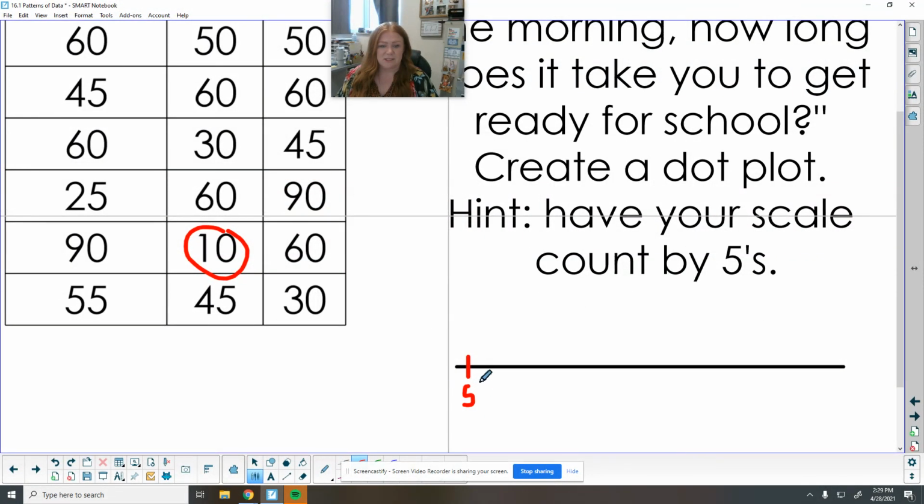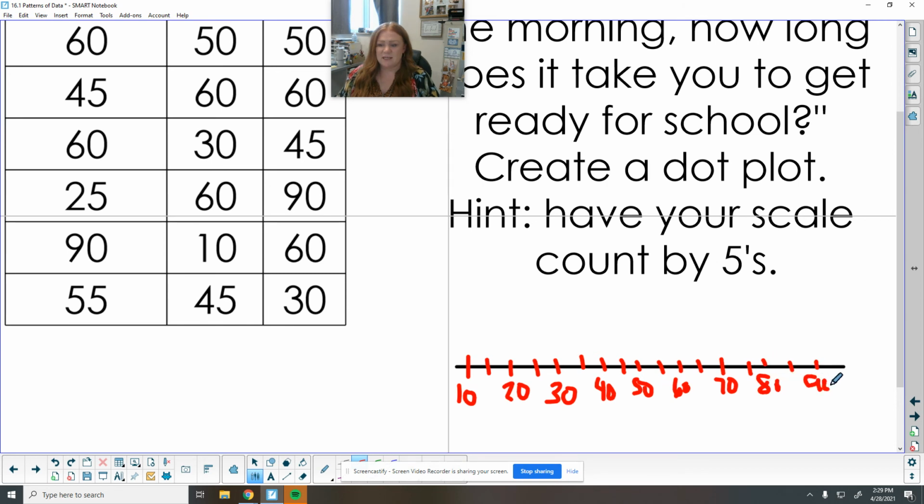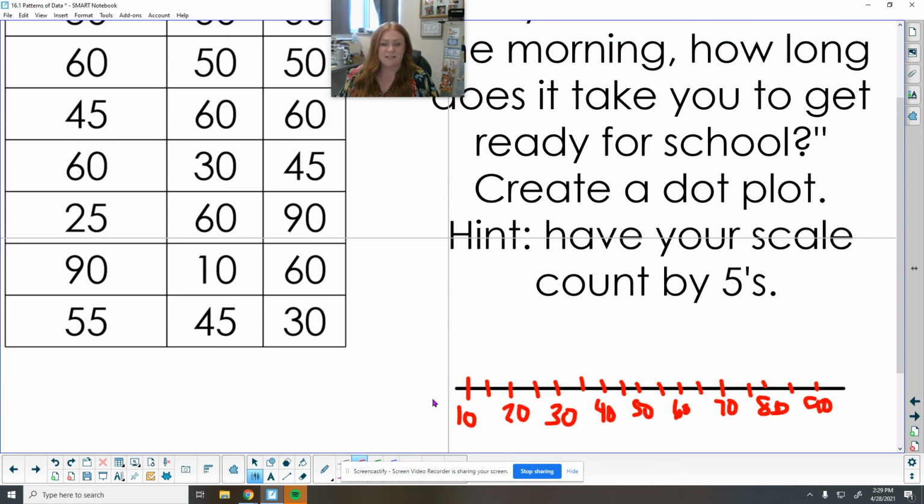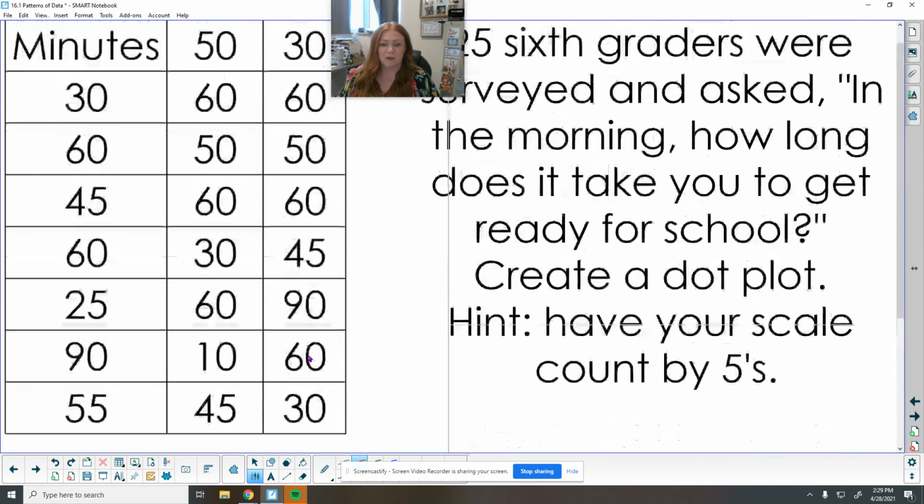So I don't even need to start at 5. I'm going to start at 10, 15, 20, 25, 30, 35, 40, 45, 50, 55, 60, 65, 70, 75, 80, 85, and 90. So we're going to put all of these onto this dot plot.